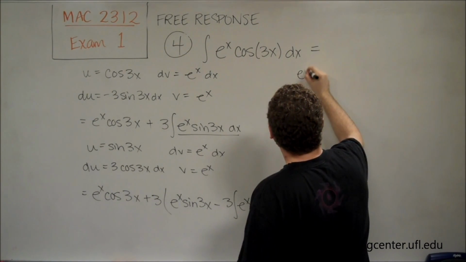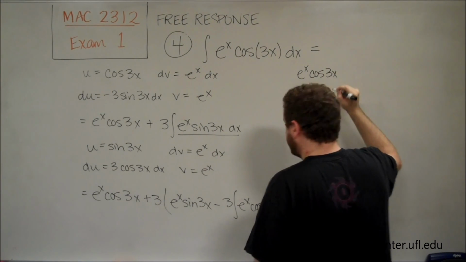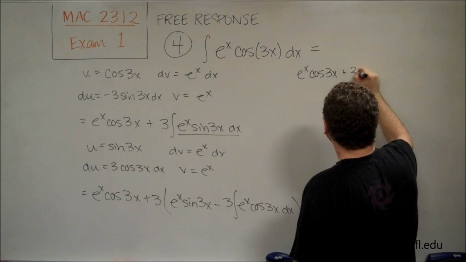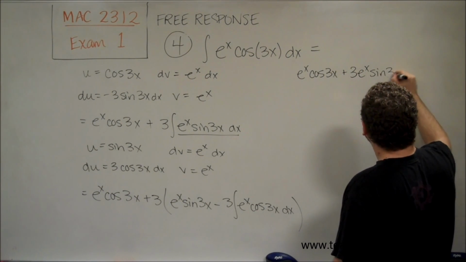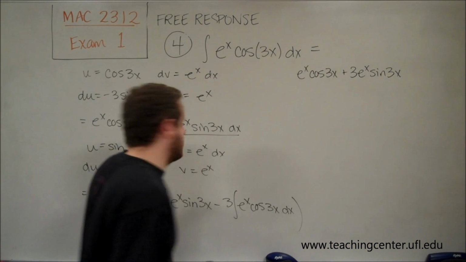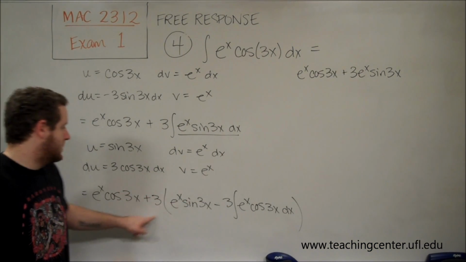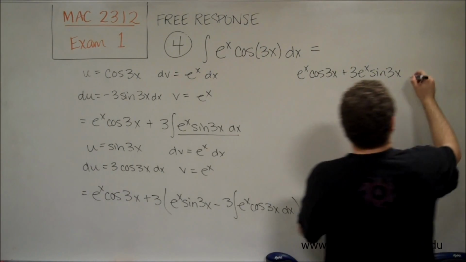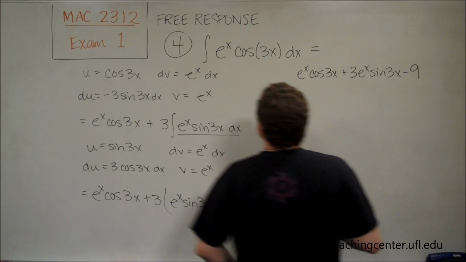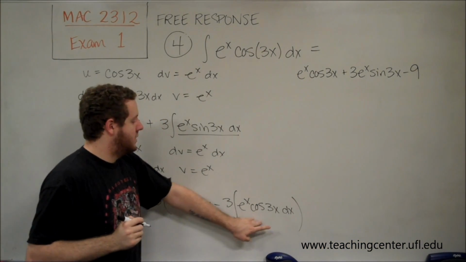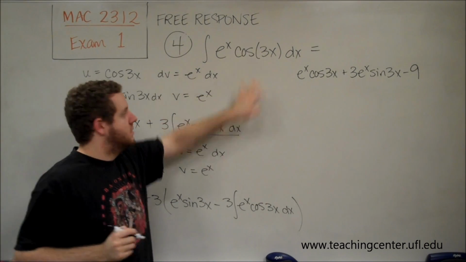So we have e to the x cosine 3x plus 3 e to the x sine 3x, because we have to distribute this 3 to everything. And then we're going to have minus 9 of the integral e to the x cosine 3x, which is what is over here.